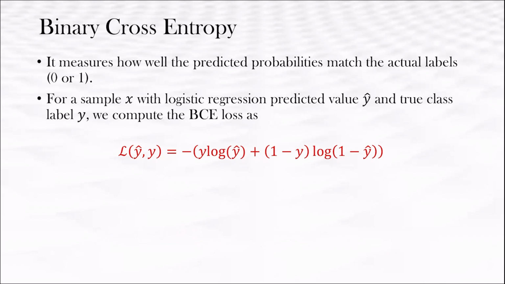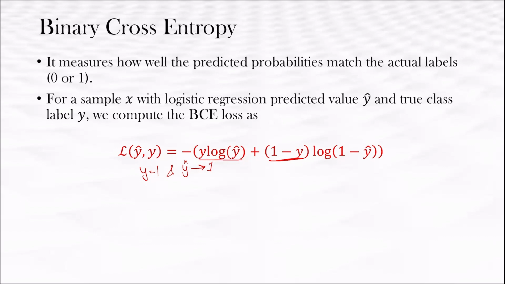So now let's see why this binary cross entropy function is a good measure for evaluating the logistic regression error. For instance, assume that y was actually 1 and y hat is close to 1. In this case, this value will become 0 and hence we will only be dealing with this value.